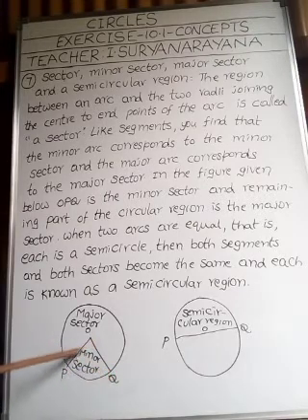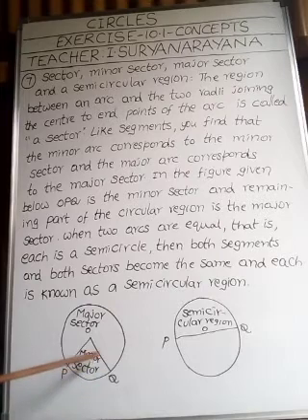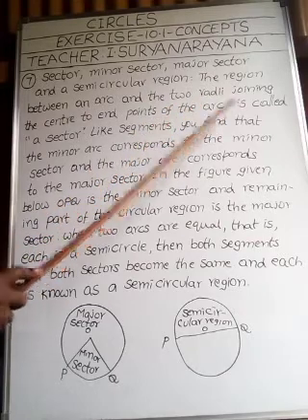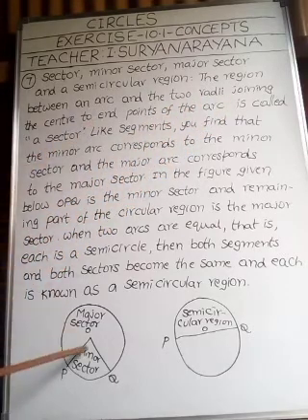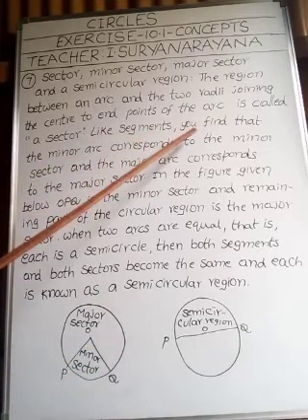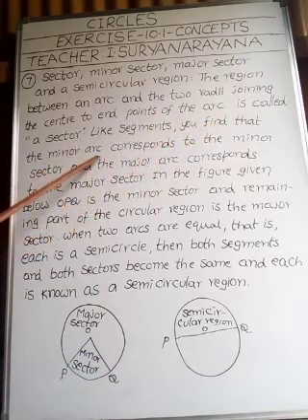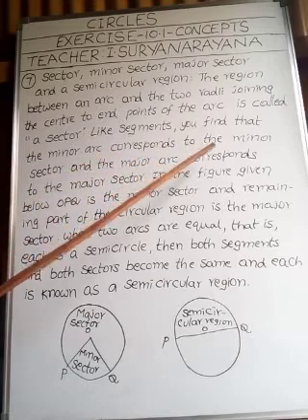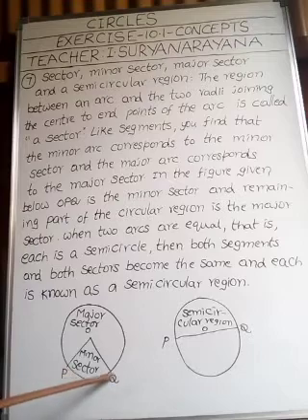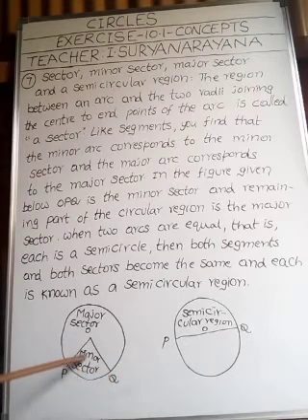Then this part of the circular region is called a minor sector. Like segments, you can find that the minor arc corresponds to the minor sector. This is a minor arc, so this is a minor sector.